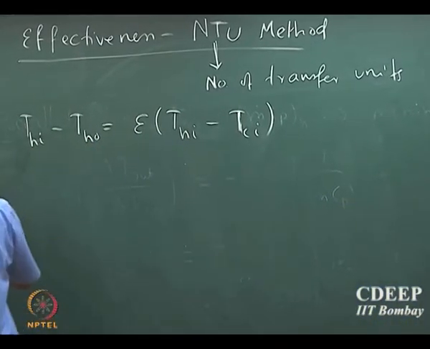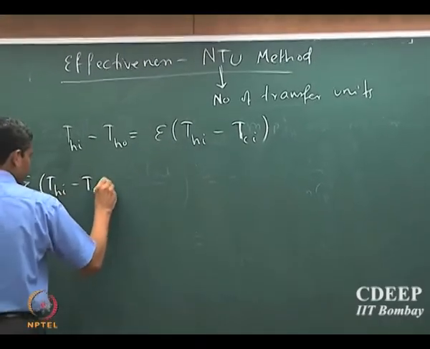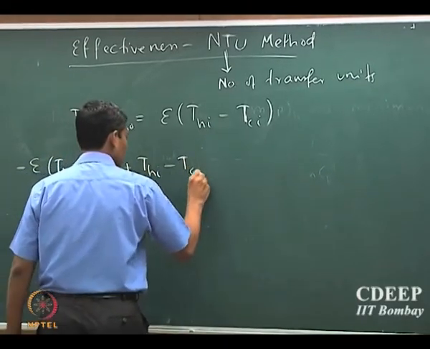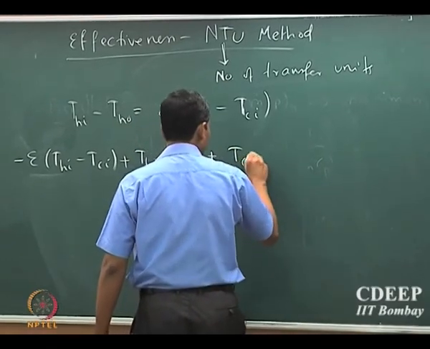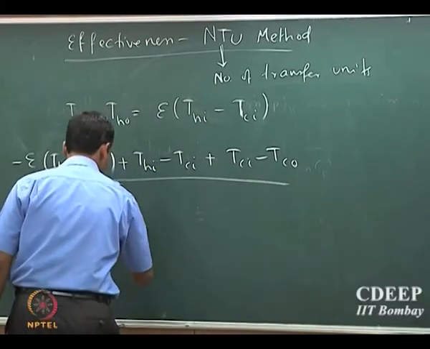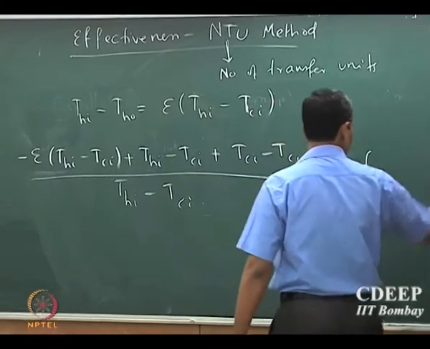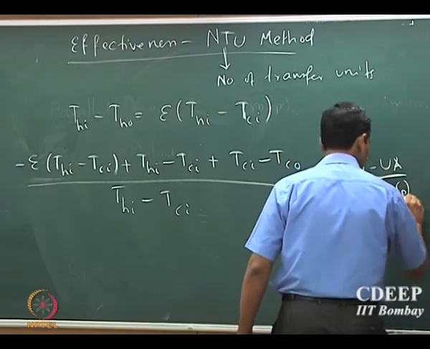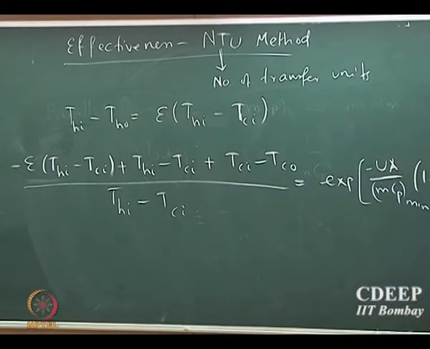So what you will get is minus epsilon into Thi minus Tci, plus Tci minus Tco divided by... Cr, okay.